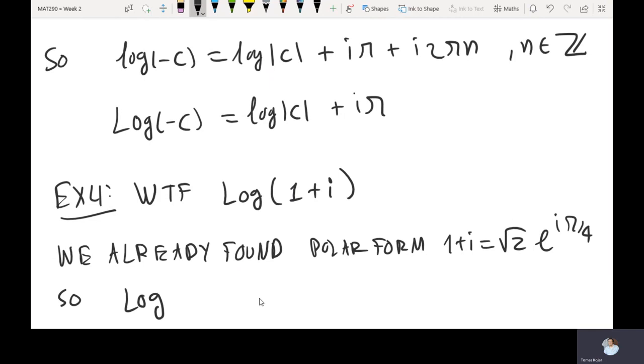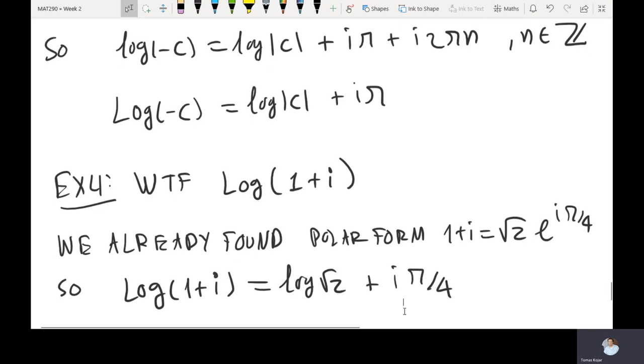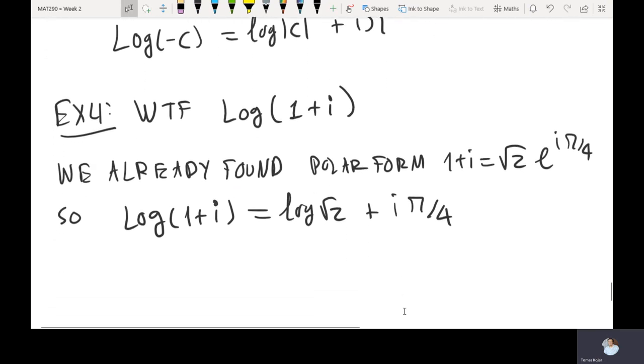So log of 1 plus i, principal log, will be log of square root 2 plus i pi over 4. Right? So we don't add any shift. This is indeed within minus pi to pi. So no shift at all.